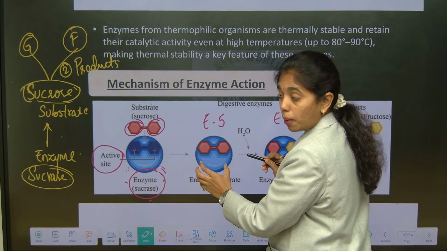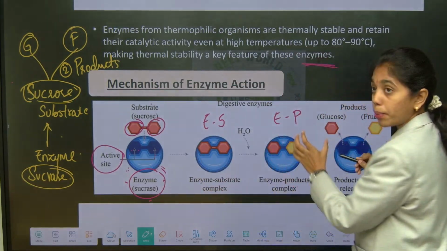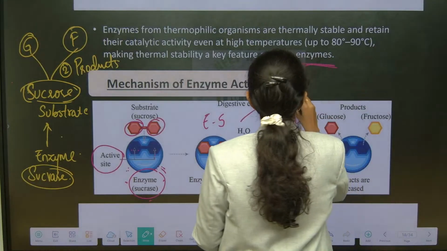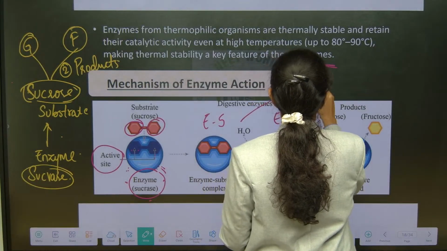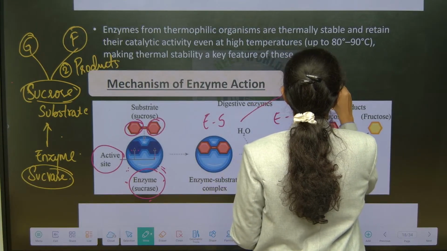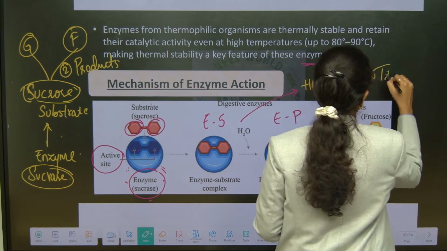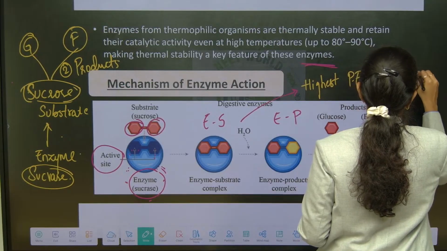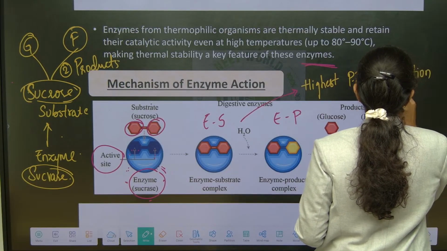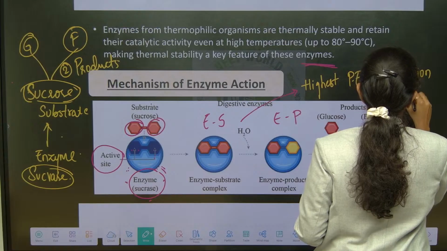Enzyme substrate complex, to be converted to enzyme product complex, requires highest potential energy, which is addressed as transition energy.